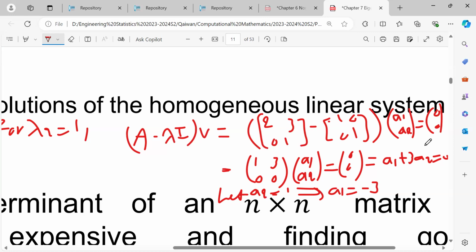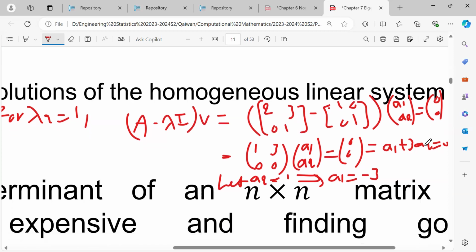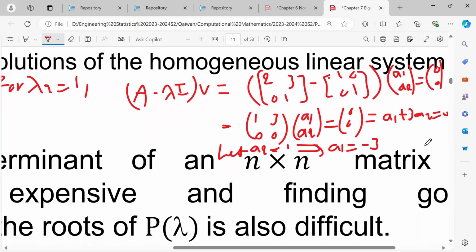Maybe someone else chooses a value for A1. You could choose any value for A1 and find A2. Both are possible. So here we got values of A1 and A2, which are negative 3 and 1.